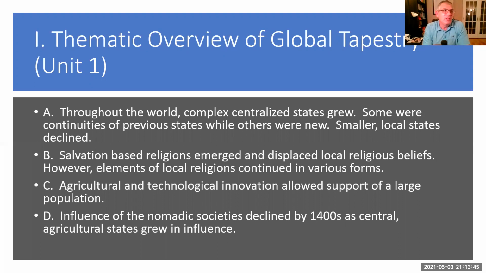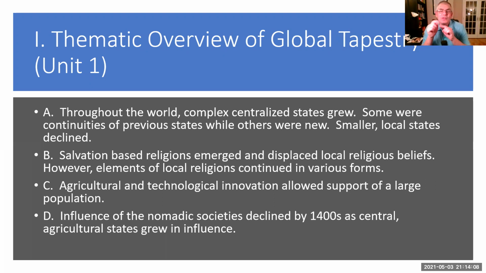And Buddhism, Islam, and Christianity are particularly adamant about converting people to their faith. And what's happening is that local religious faiths are being kind of minimized and overrun by these bigger faiths. However, elements of local religions continued in various forms. So there will be this continuity of local religious traditions.